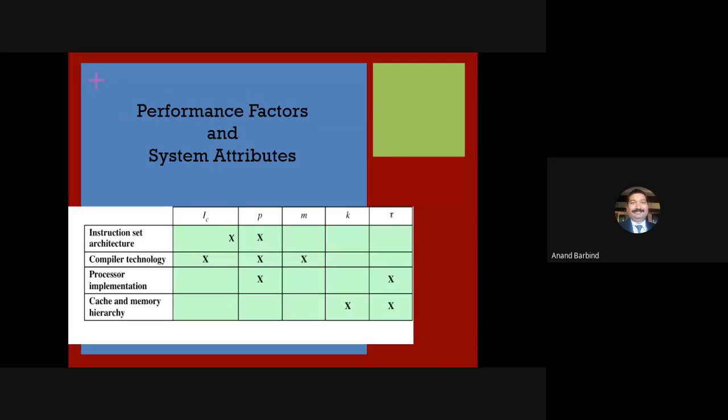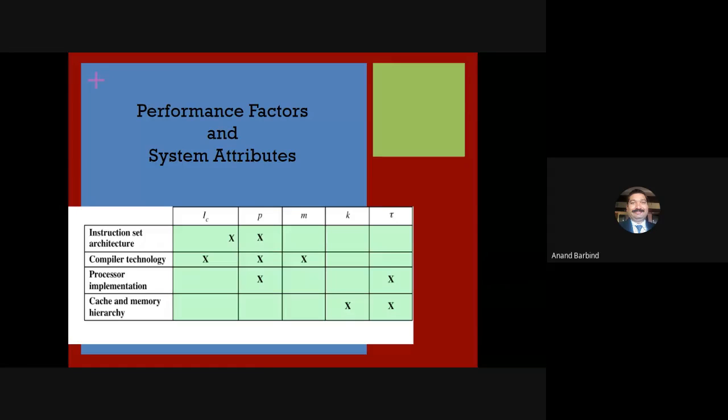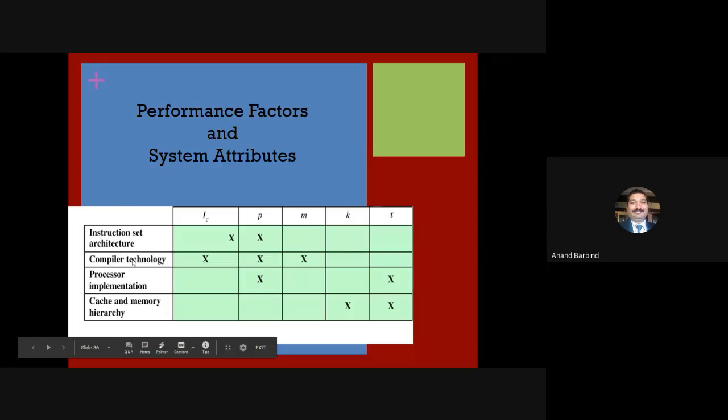You can refer to this particular matrix which defines which feature of the processor or computer is related to which parameter in the total time required for execution of the program.